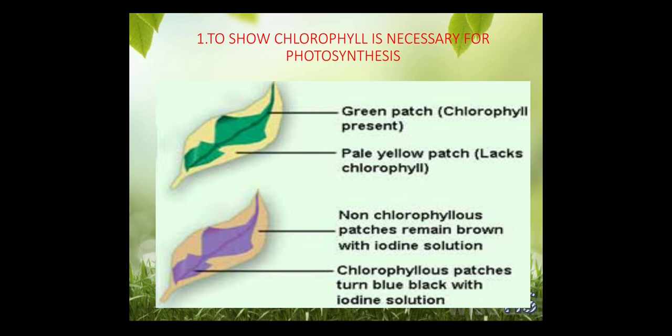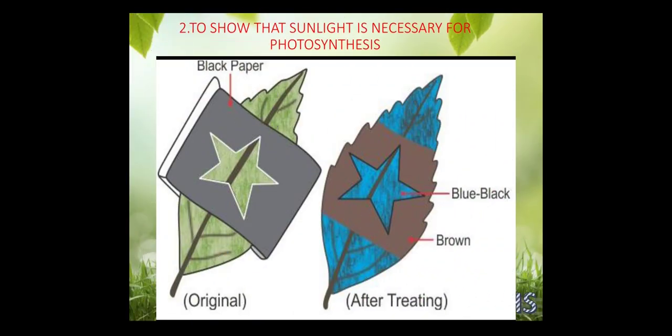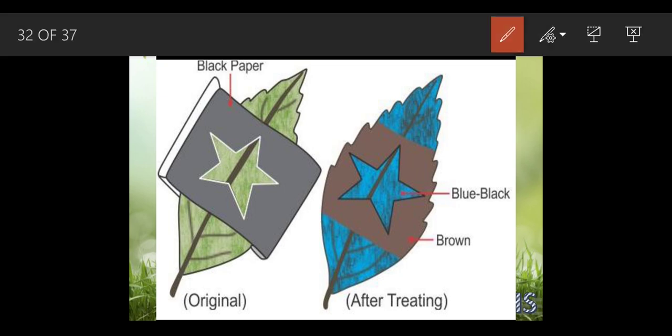Now we have to see whether sunlight is necessary or not. So take this part, this is the original color of the leaf, and what you have to do, you just have to make a design.